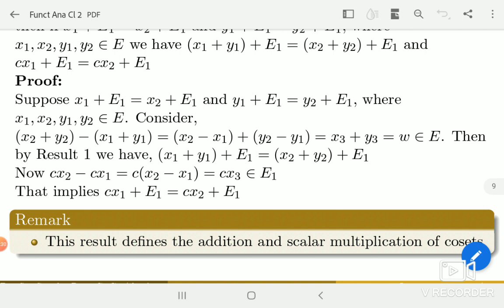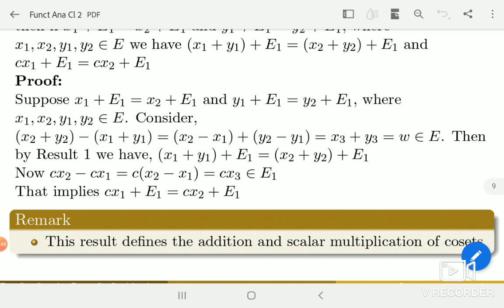Then again these both are in E1, so x3 plus y3 will be some w element of E1. So by result 1 we have x1 plus y1 plus E1 equal to x2 plus y2 plus E1. So the coset addition has been defined here.